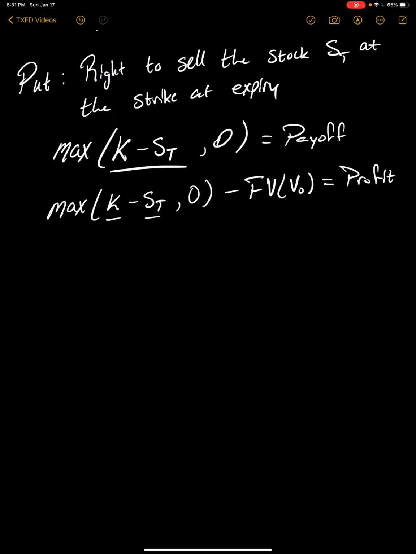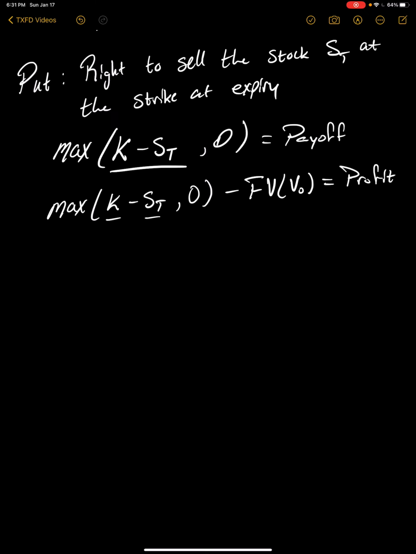But in theory, if you owned a stock, you may want to buy a put, not only to offset your position being long in the stock, right? Because if you're holding a stock, then you're naturally long in the stock because your position increases in value with the stock's increase in value.